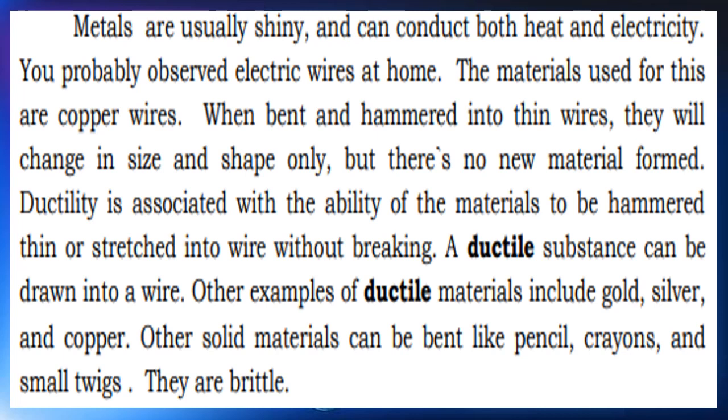Ductility is associated with the ability of materials to be hammered thin or stretched into wire without breaking. A ductile substance can be drawn into a wire. Other examples of ductile materials include gold, silver, and copper. Other solid materials can be bent, like pencils, crayons, and small twigs. They are brittle.